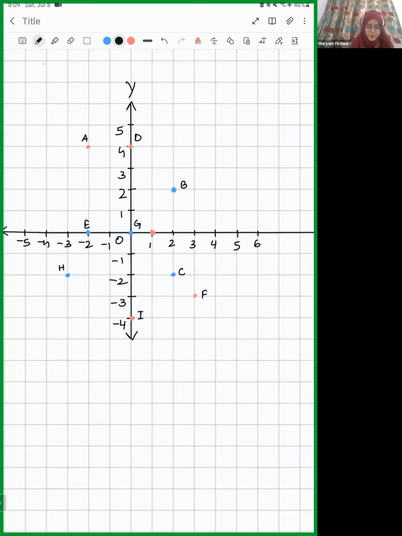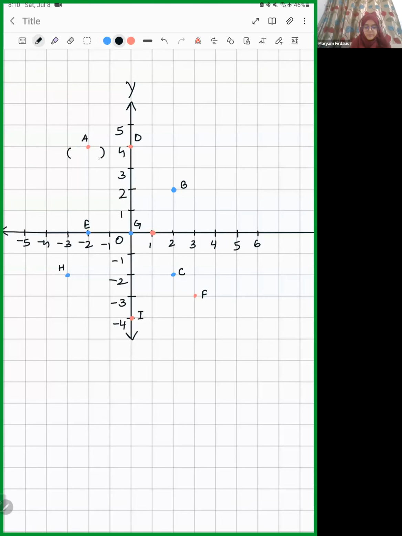So basically that's negative 2 units, right? Yes. Then how many units do you have to go in the Y direction? 4 units in the positive Y direction.